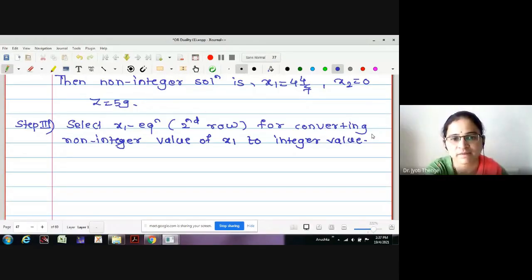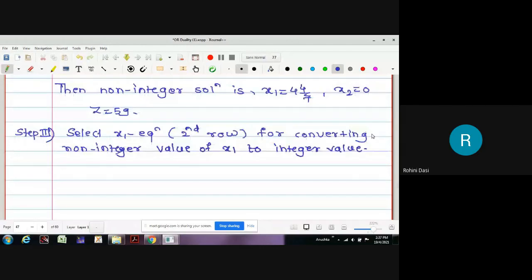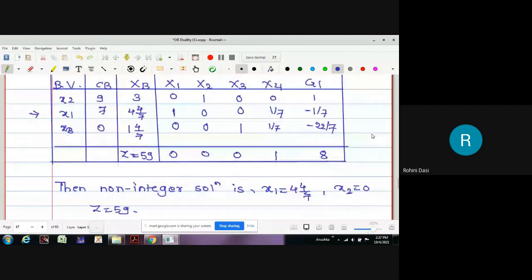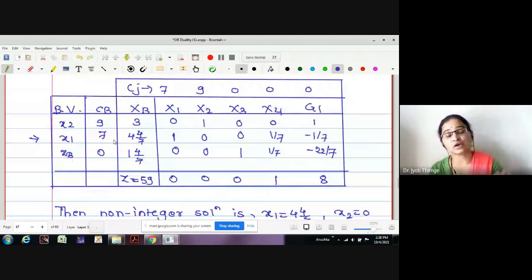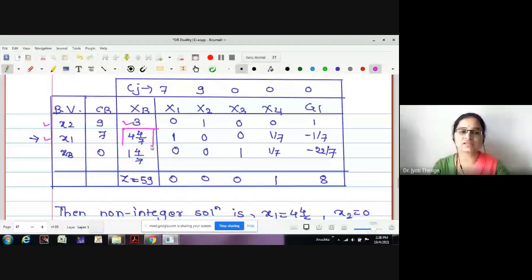As we have selected the row already, it is not necessary to choose a maximum. Why? Because there are two original variables. Which are they? X1, X2. Out of this, X2 already became integer value. Therefore, only X1 remains to convert to an integer. Therefore, no need to select a maximum fraction.